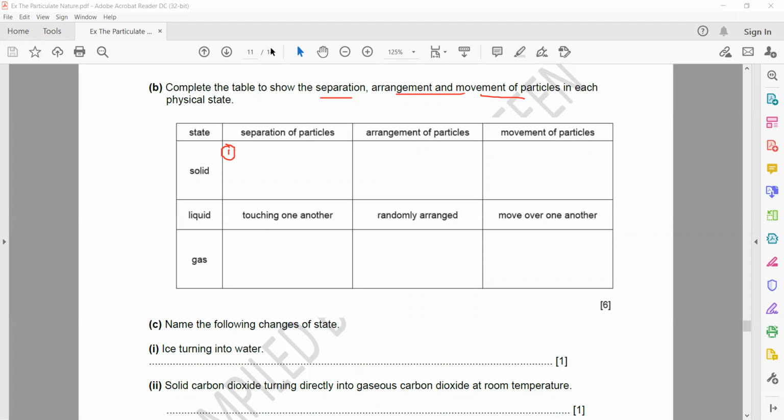So in short, what we can say is the particles are packed together and touching each other. You don't say the particle does not move. So the first answer for separation of the particles is touching each other.